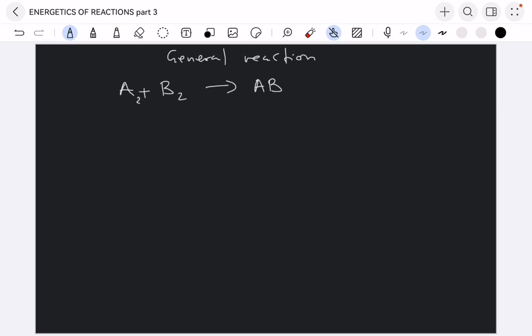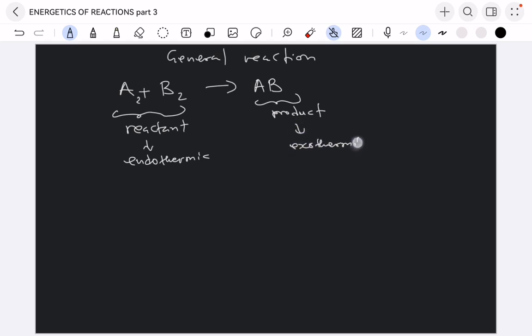So if we were to expand on this, what we mean is the reactant side of a reaction experiences the process of endothermic, and the product side of the reaction experiences the process of exothermic. What does this mean?